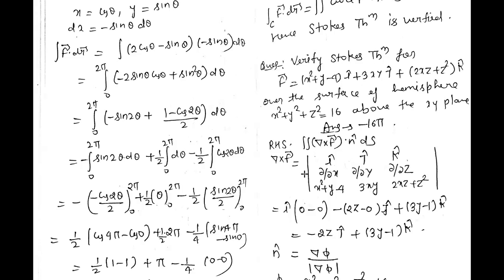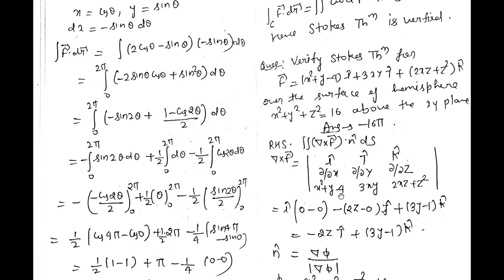and the second row del upon del x, del upon del y, and del upon del z, right? And the third row is the coefficients of i, j, and k. So just write all these values here: x square plus y minus 4, 3xy, 2xz plus z square.